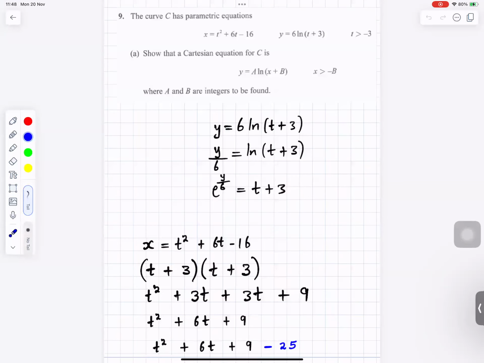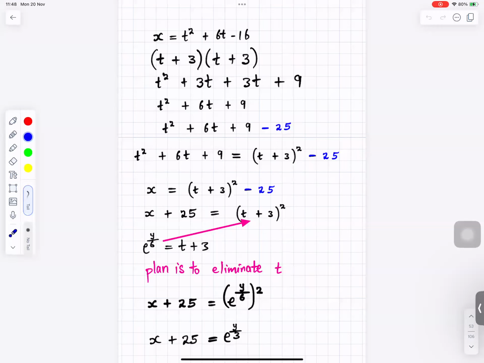This is another way to do it. You write y equals 6 ln(t plus 3). You divide by 6. Then to get rid of the ln, it's e to the power y over 6 equals t plus 3. Then you complete the square for t squared plus 6t minus 16. When you complete the square, you get (t plus 3) all squared minus 25, which equals x, and the 25 goes to the other side, becoming x plus 25.